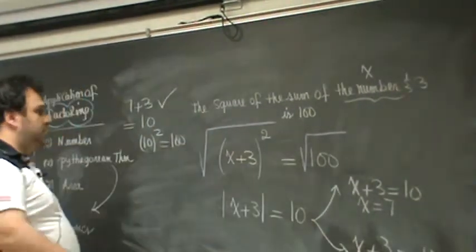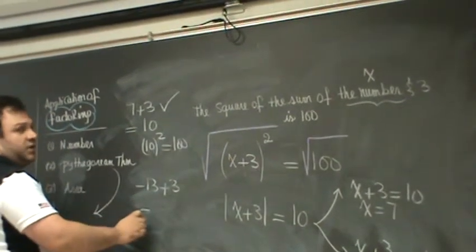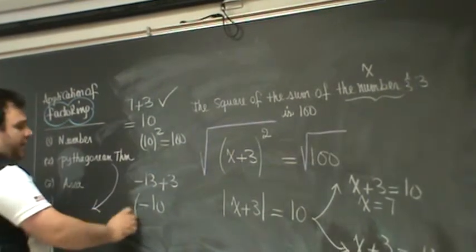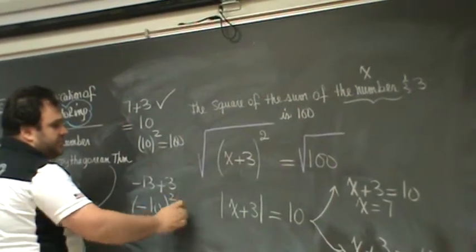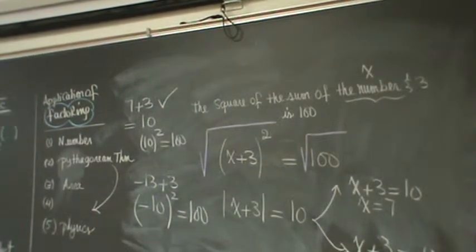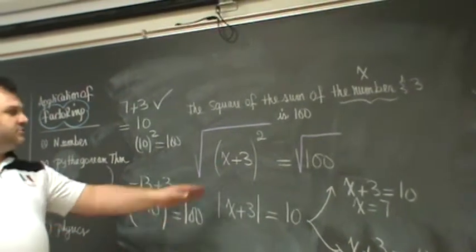Let's see if it works. Negative 13 plus 3 is negative 10. And when you square negative 10, the answer is also 100.